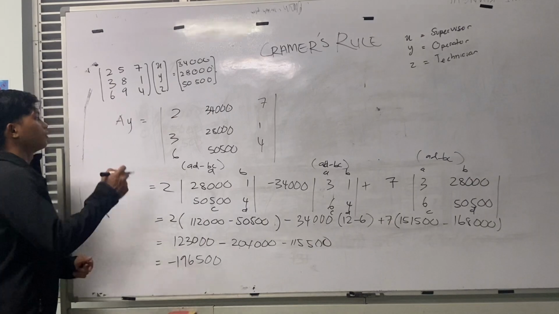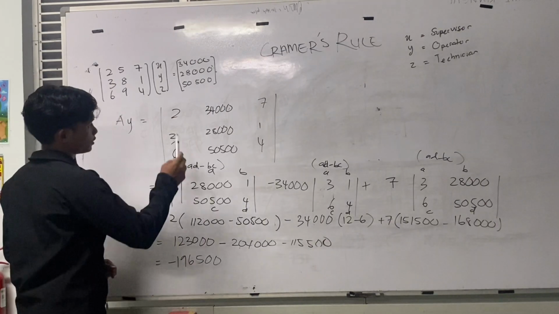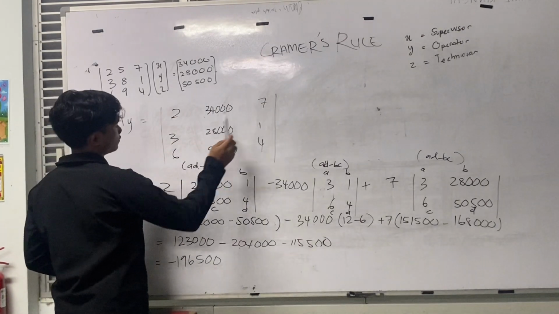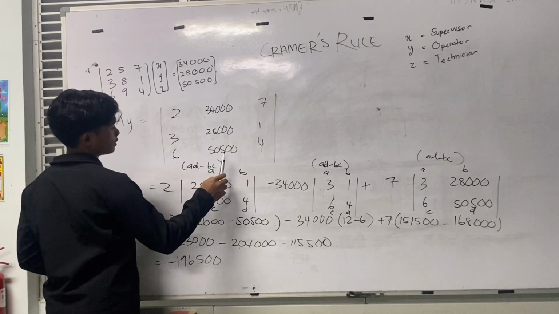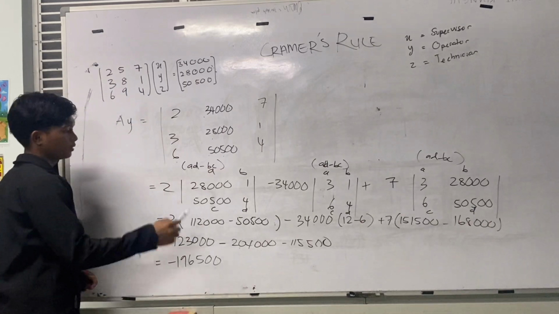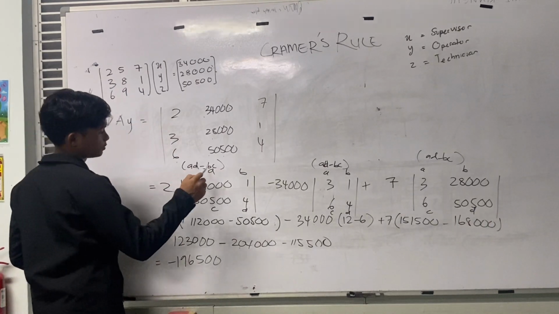Same method for the AY. So we get 2, 24,000, 7, 3, 28,000, 1, 6, 50,500 and 4. So the formula is AD minus BC.